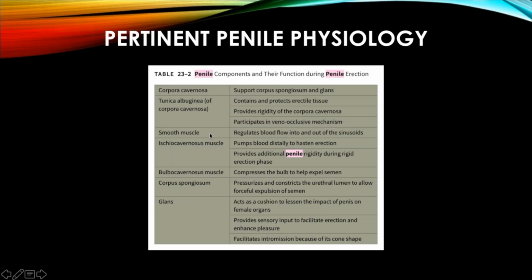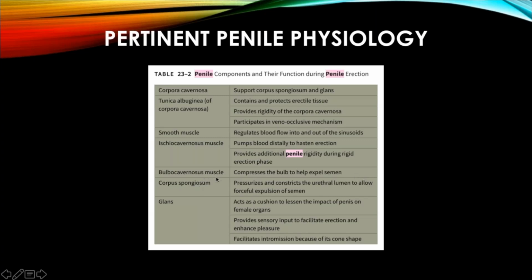Smooth muscle is what regulates the blood flow into and out of the sinusoids, and it also lines the cavernosal arteries as well as the dorsal arteries. The ischiocavernosus muscle actually squeezes and pumps the blood distally to hasten the erection and provide penile rigidity during the rigid erection phase. And we'll talk about these specific phases of erection because these are very important to anybody who's going to be doing a penile Doppler and understanding the timing of these.